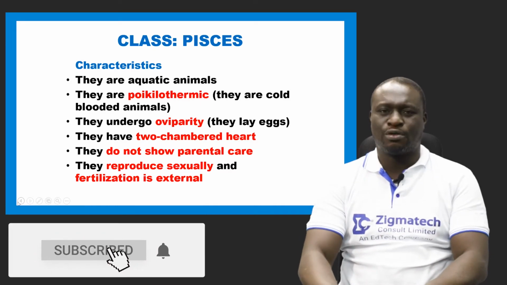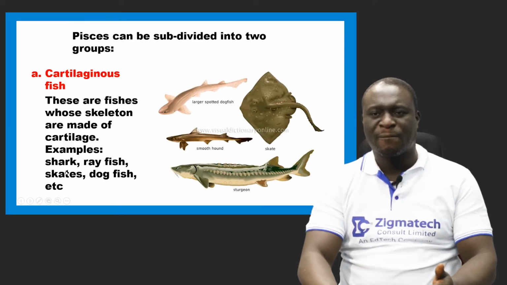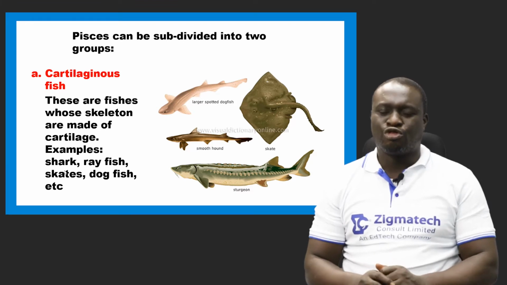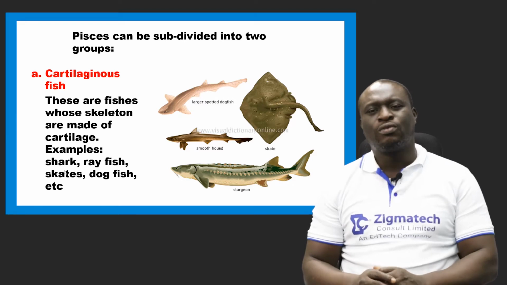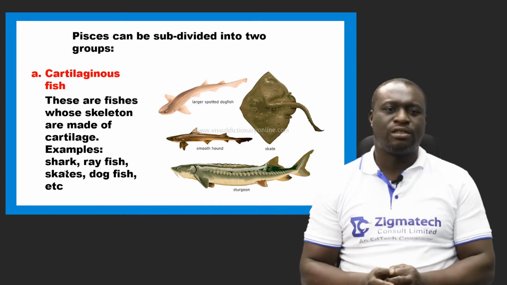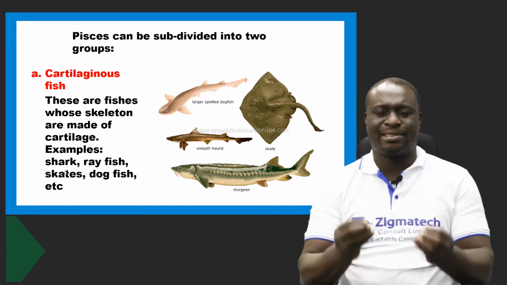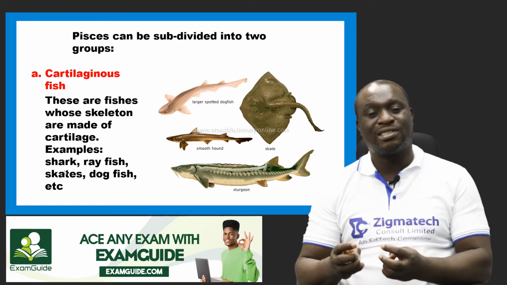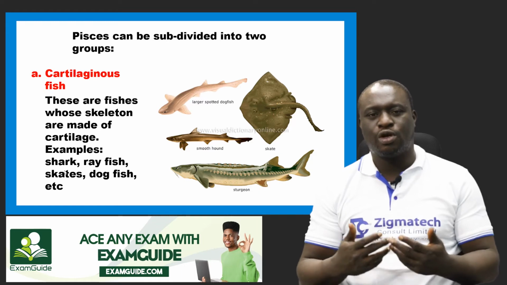Let's look at some examples of the two main classes of Pisces we have. Pisces can be subdivided into two groups. We have what we call the cartilaginous fish, and then we have the bony fish. Cartilaginous fishes are fishes whose skeletons are made up of cartilage. We will be discussing skeletal structure or tissues and supporting systems in living things, and then we're going to know more about the word cartilage.